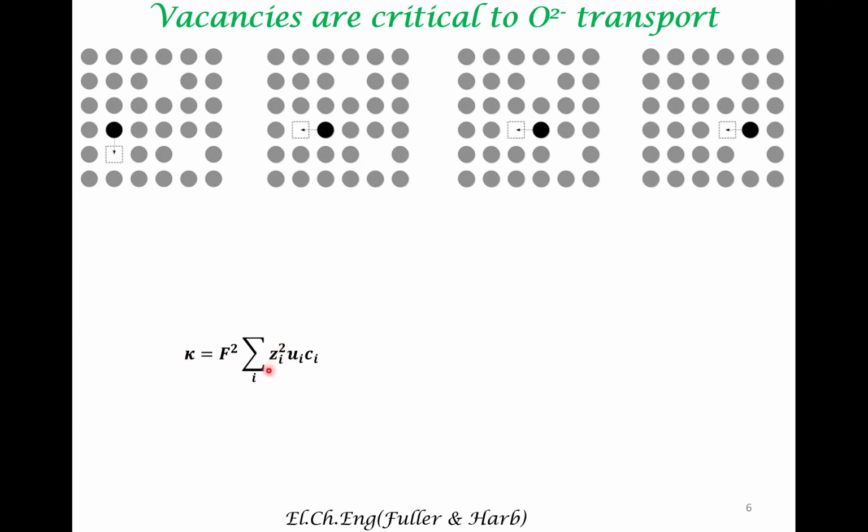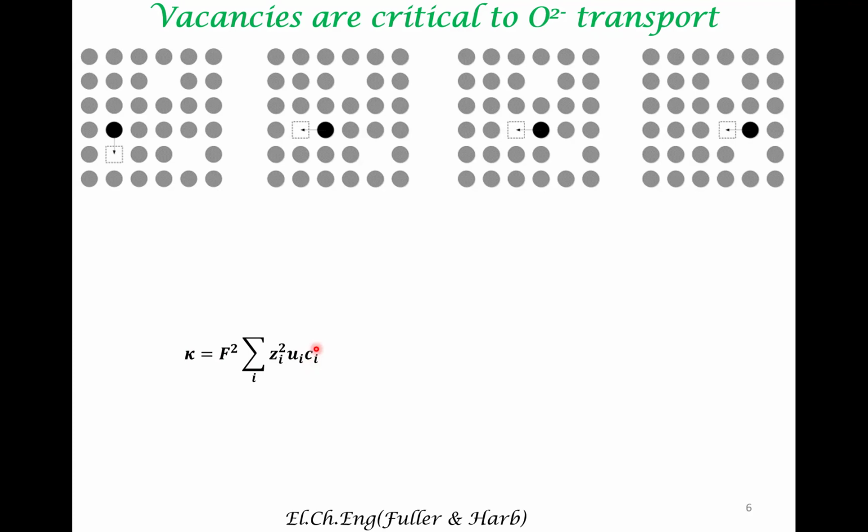Or if you increase the charge associated with the vacancy, the conductivity does seem to increase. However, there is a limit to this behavior wherein conductivity linearly scales with concentration of vacancies.